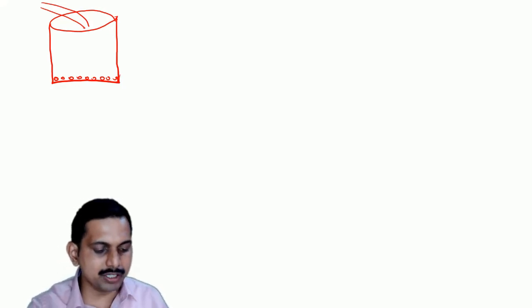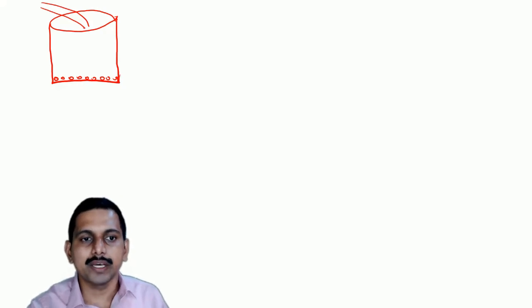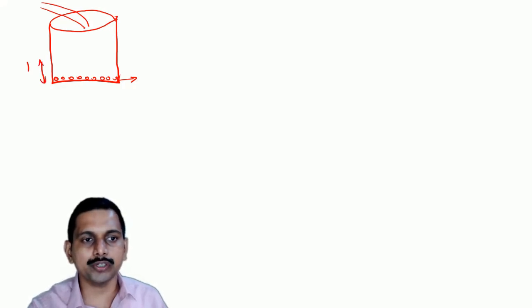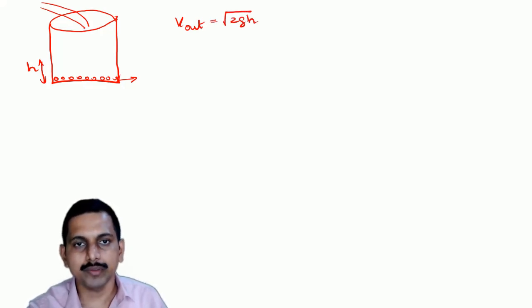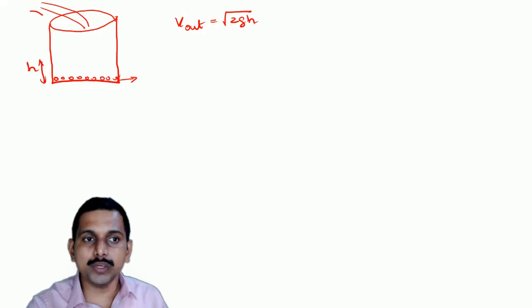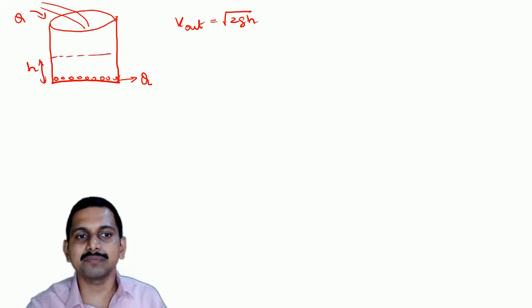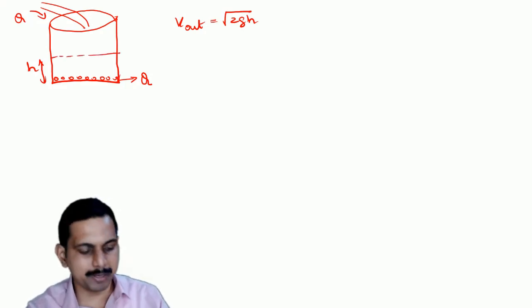So when we have 36 small holes here, what is happening? The velocity with which the water is going out is proportional to h, because velocity out is equal to root of 2gh. Now if the Q which is going inside is equal to the Q which is going out, my h is stable. The h remains stable.